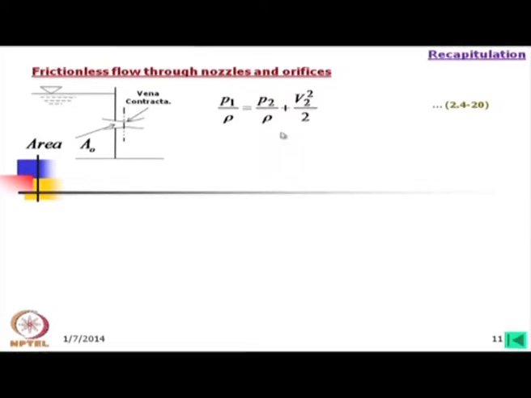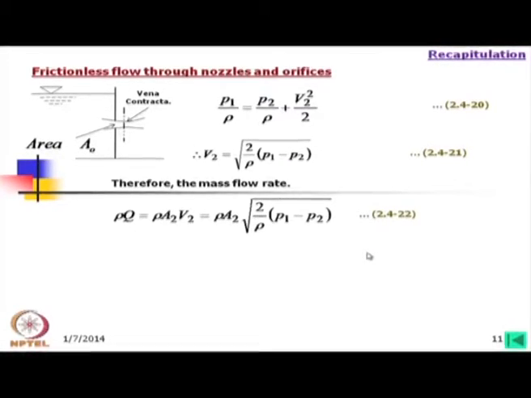These are the equations, I guess they are known, so we will go through them very quickly. One very important equation is that the velocity will be square root of 2 by rho into P1 minus P2, where P1 and P2 are the upstream and downstream pressures.